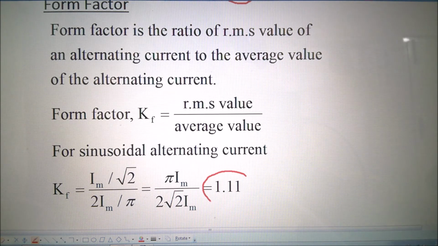The form factor is found to be 1.11 for sinusoidal alternating current. And all I am discussing here is for the sinusoidal waveform. Again and again I may not repeat the word sinusoidal, but everything we'll be discussing is for sinusoidal waveforms. It may be a current or it may be a voltage.